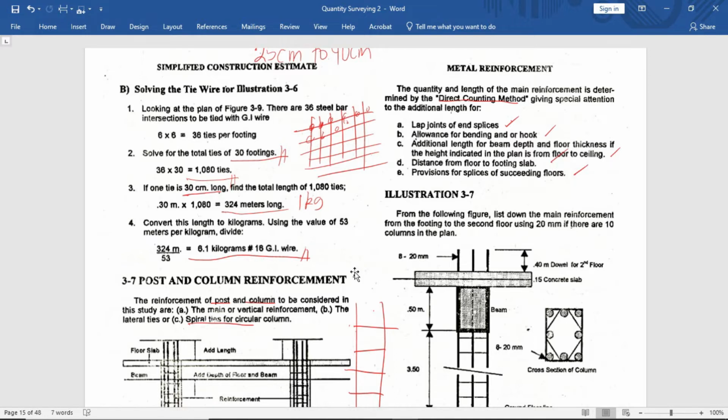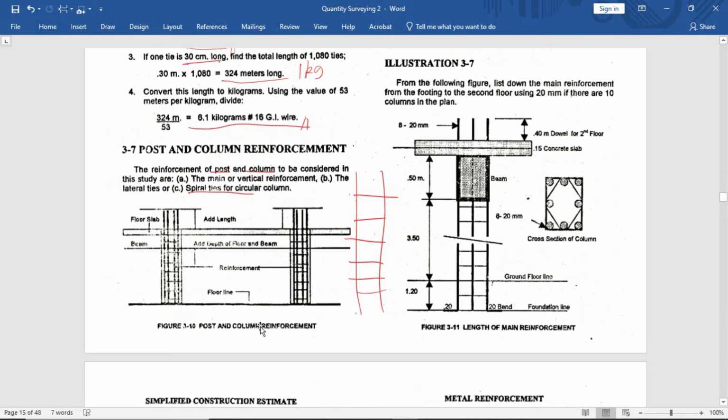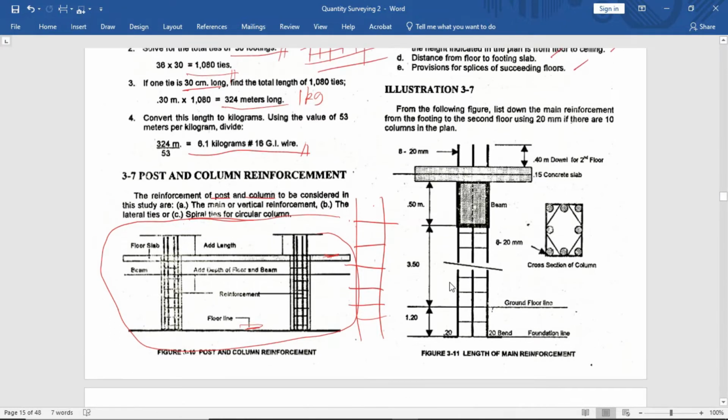So, proceed na tayo sa isang typical na plano, yung cross-section ng column from column to floor slab, floor slab to beam, tapos reinforcement floor line, finish as first floor, floor slab to second floor. Illustration 3-7.